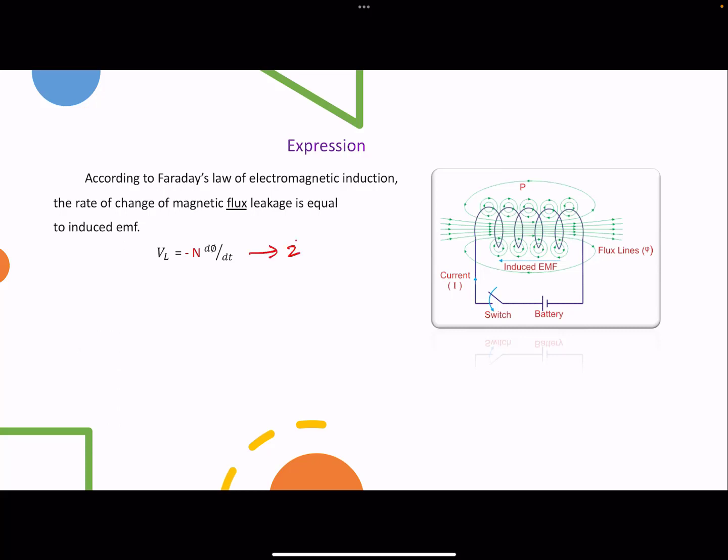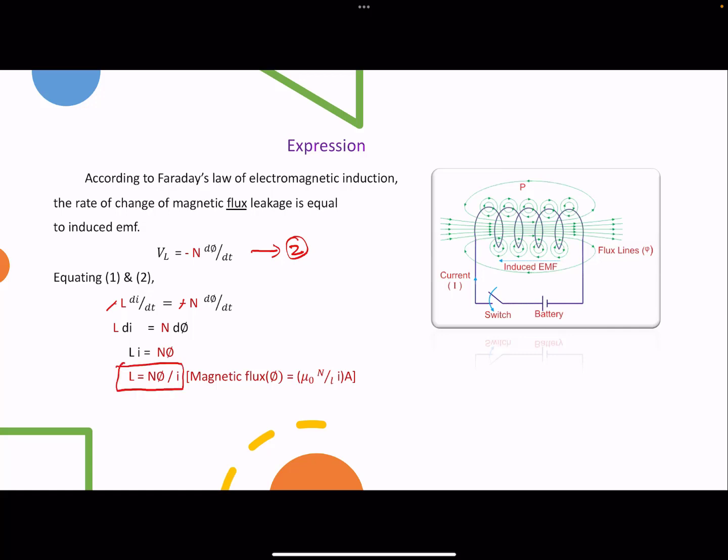Let it be equation 2. Now by equating equation 1 and equation 2, we get minus L di by dt is equal to minus N d phi by dt. Let us cancel this negative sign and dt. So we get L into di is equal to N into d phi, from which we get L into I is equal to N phi, from which we get L is equal to N phi by I.